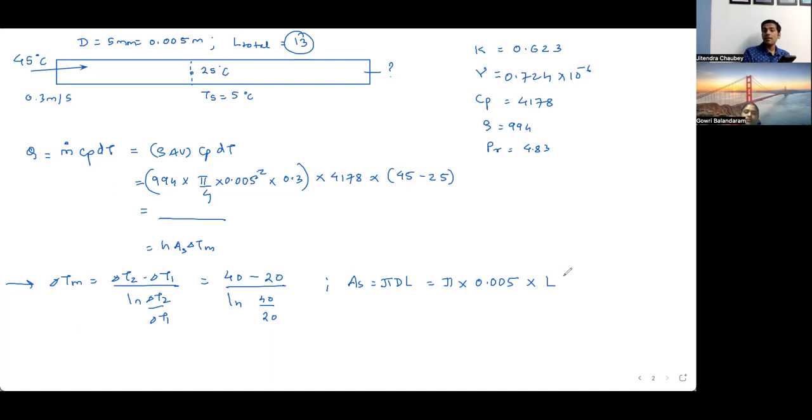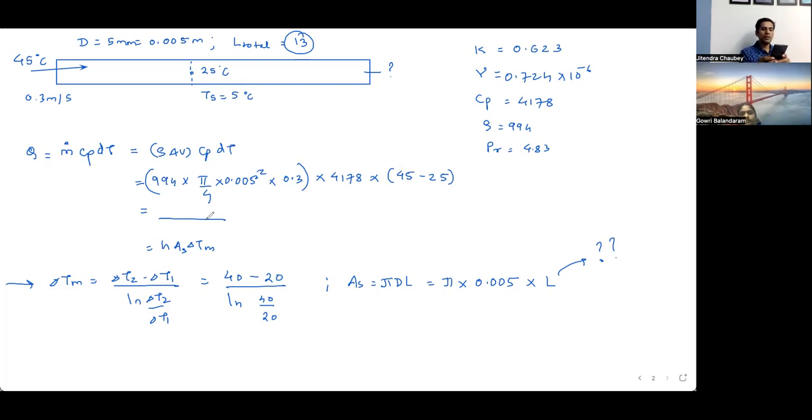We need to find that L. That is what the entire question is all about. So A s is unknown. Delta T mean is known. We can easily calculate m Cp dT. Let me calculate m Cp dT.